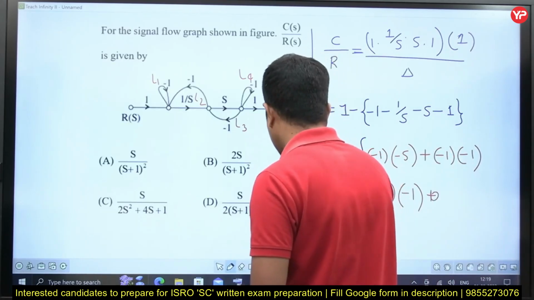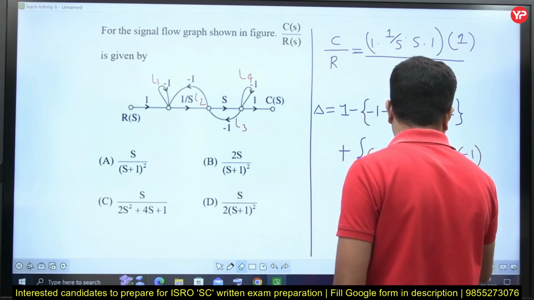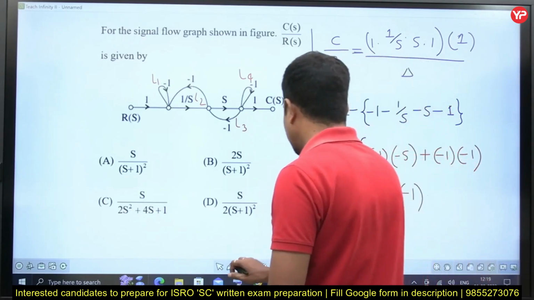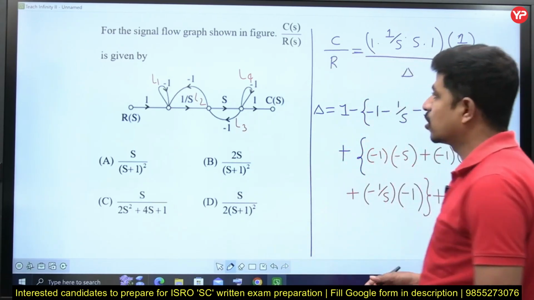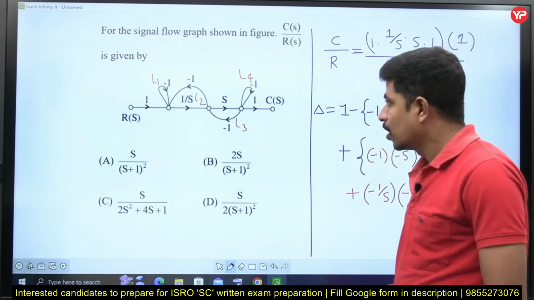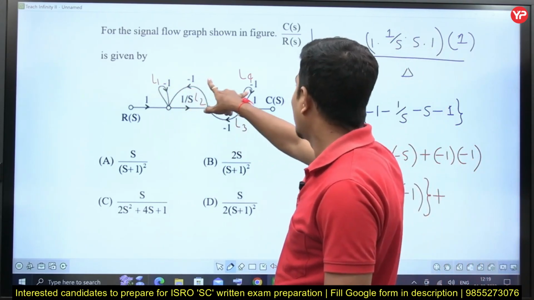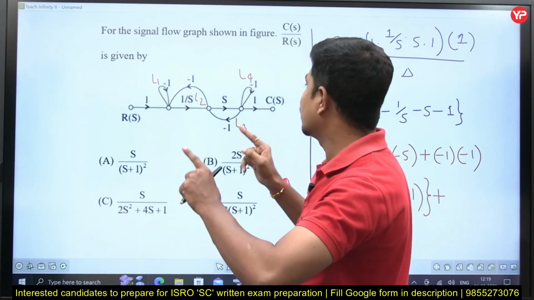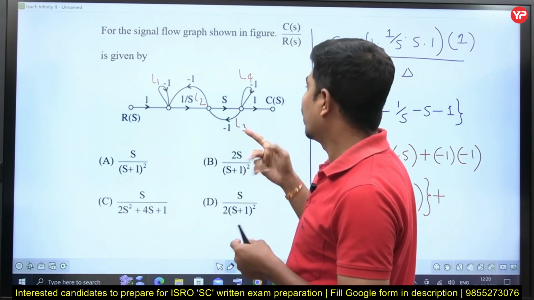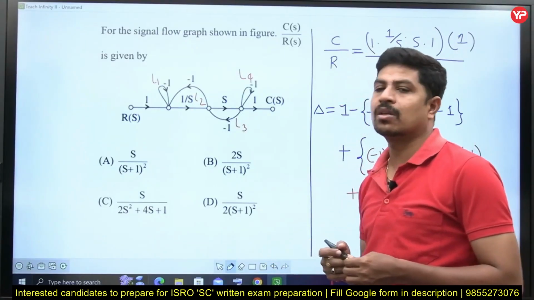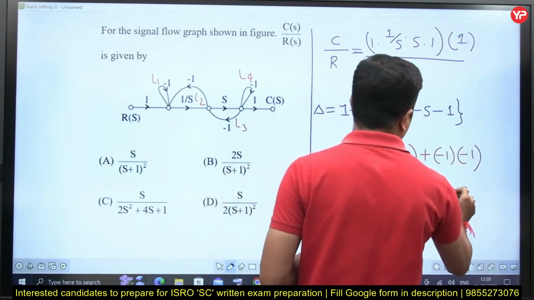I will erase it, just give me a moment. Now the 2 non-touching loop pairs are done. Is there any 3 non-touching loop set possible? If you take L1 and L4, both are non-touching, but with L2 and L3 touching, 3 non-touching is not possible. So plus 0.